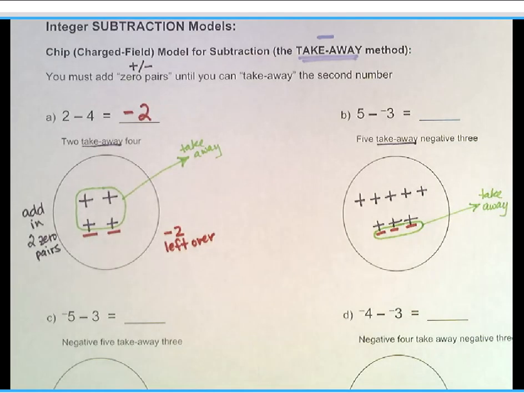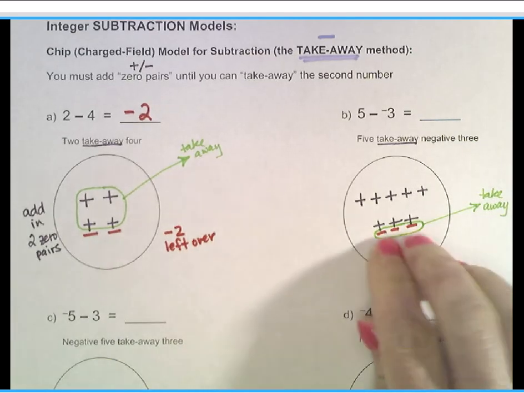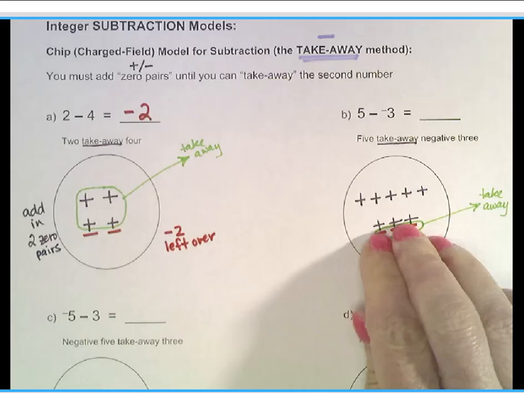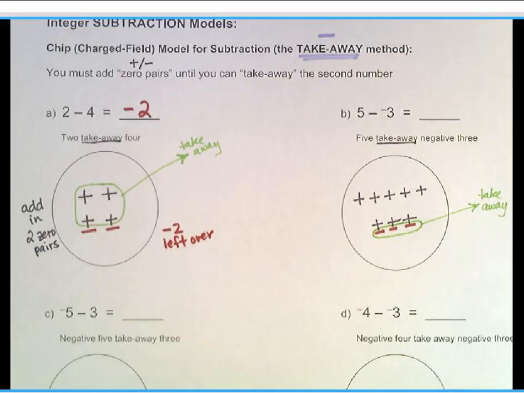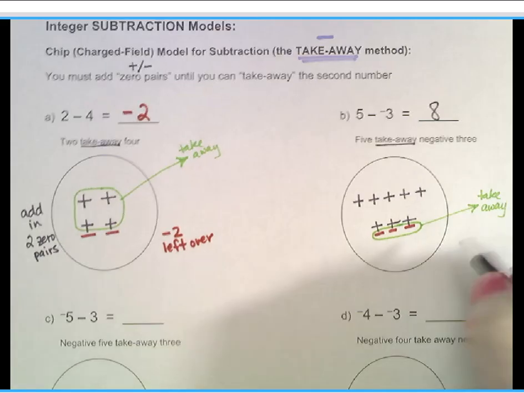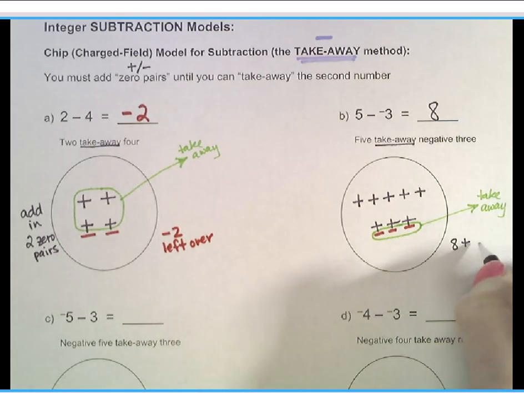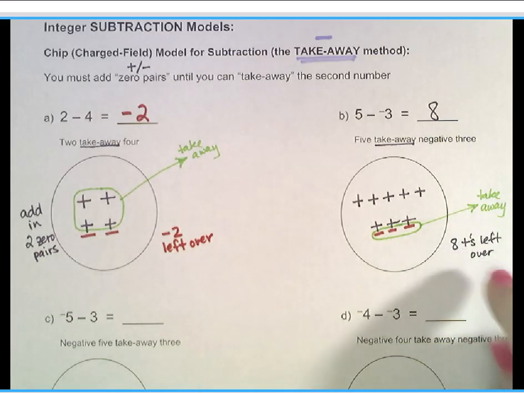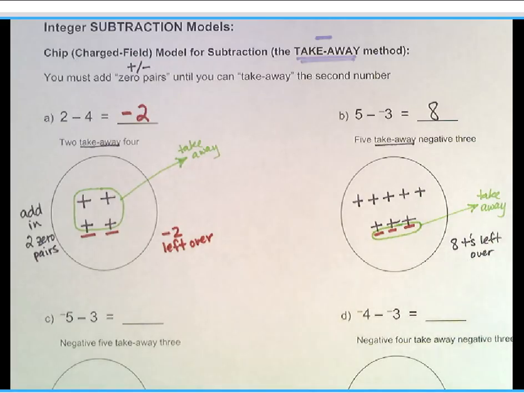And if we take away those 3 negatives, you can see what's left is a bunch of positives. How many positives? 8. And this explains why the answer is 8, right? 8 positives left over.